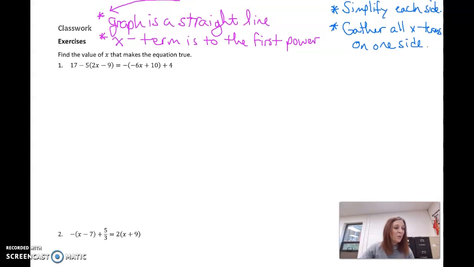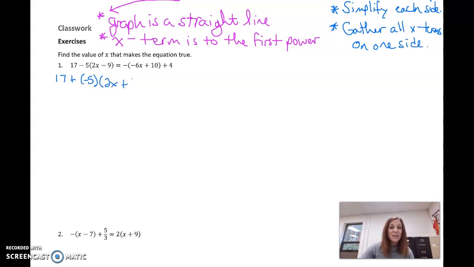Okay, so when I look at this, I see a lot of minus signs, I see a lot of negatives. So I'm going to rewrite it, but I'm going to rewrite it with addition. So I'm going to rewrite this as 17, instead of minus 5, I'm going to say plus a negative 5 times the quantity 2x.